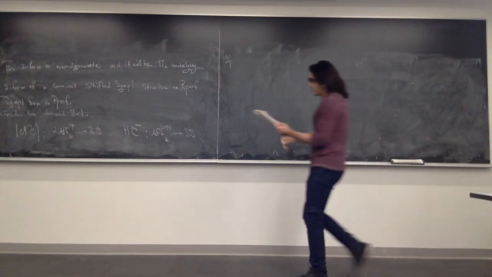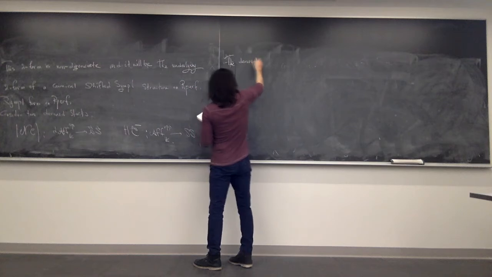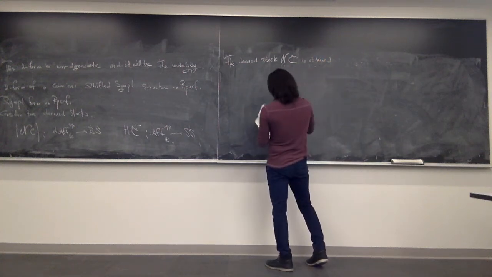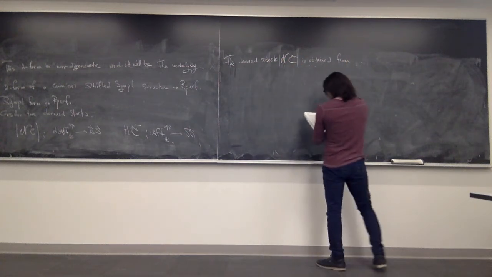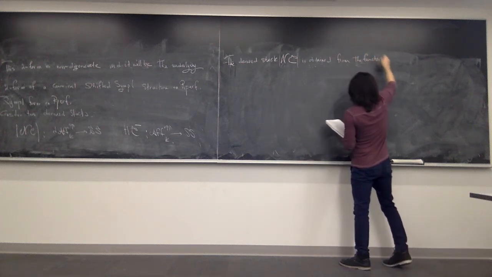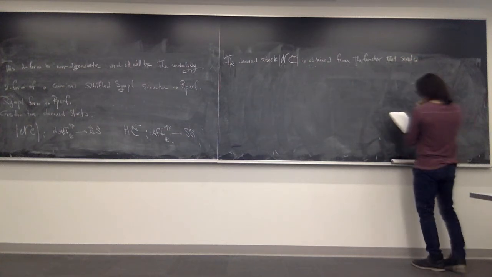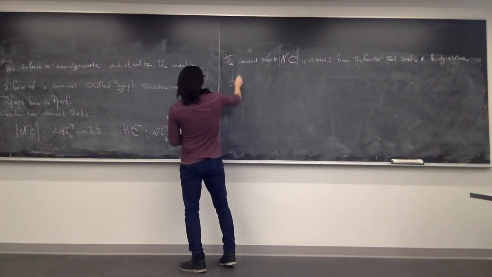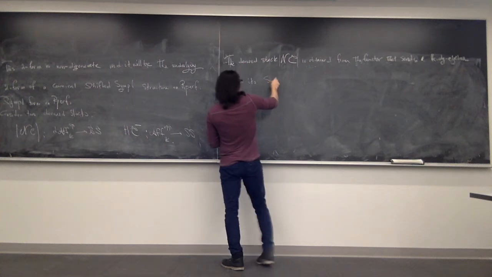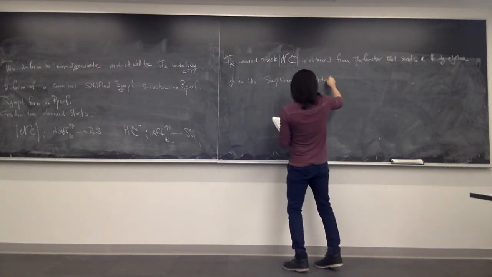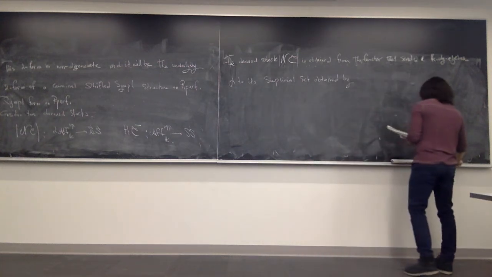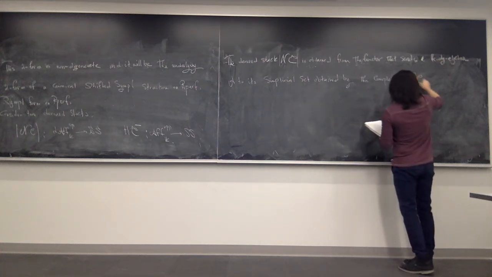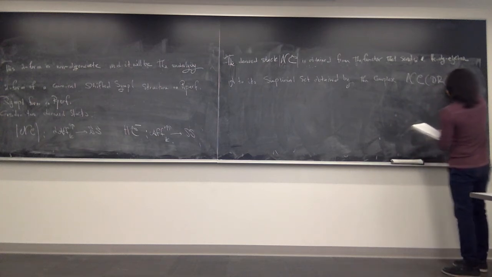The derived stack NC is obtained from the functor that sends a KDG algebra A to its simplicial set obtained from the negative cyclic complex of the de Rham complex associated to A. Remember that we had this before.